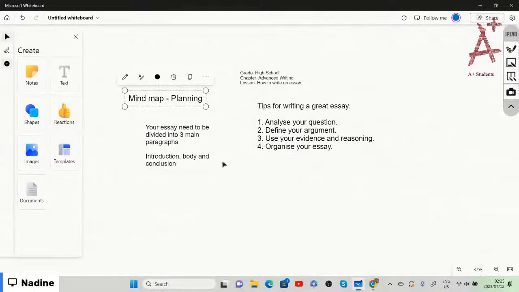And it depends on the level of question, also the grade, as to how many paragraphs you will have within your body. But you also need to be careful when it comes to writing a whole lot of sentences that do not even make sense.